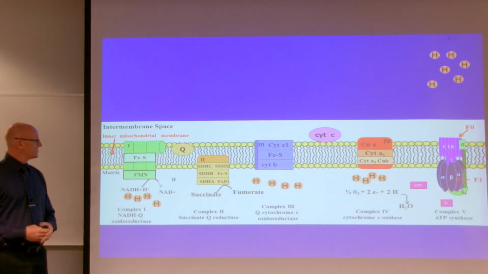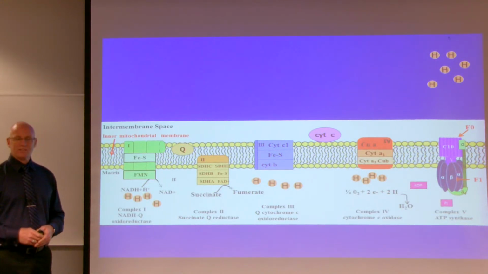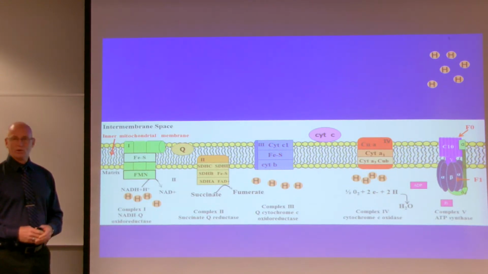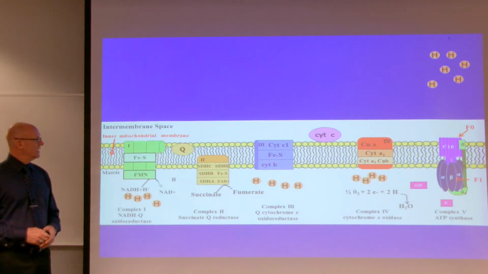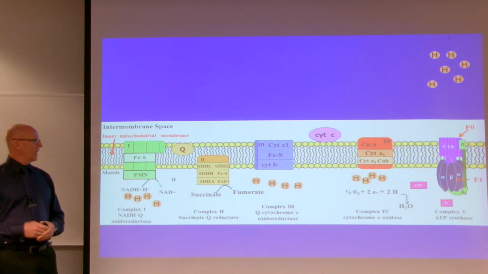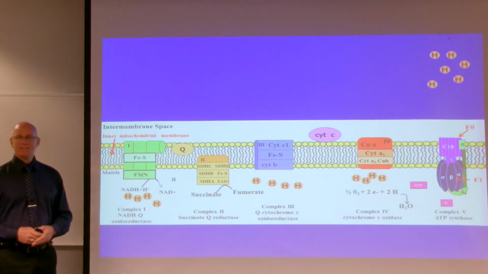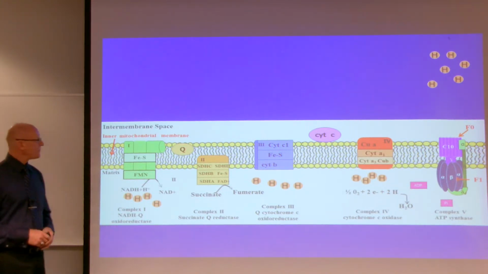Complex 2 is succinate Q reductase, also referred to as succinate dehydrogenase. Complex 3 is Q cytochrome C oxidoreductase, sometimes referred to as the cytochrome b c1 complex. Complex 4 is cytochrome C oxidase, and complex 5 is ATP synthase.